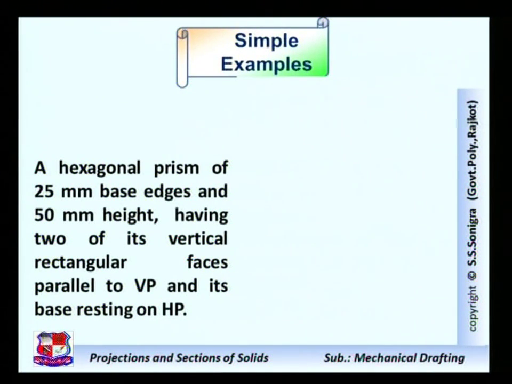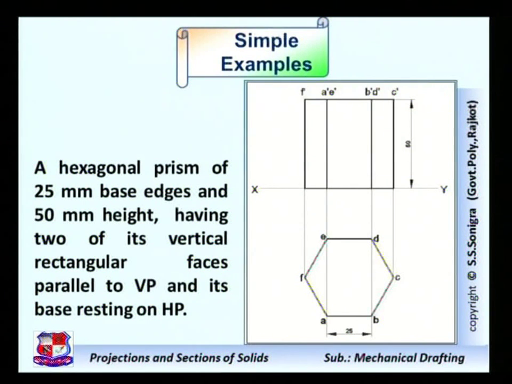So we have to draw its top view like this. 2 faces are parallel to vertical plane, means AB and ED both are parallel to XY line. So first we draw this hexagon below XY line in such a way that 2 sides are parallel to XY line, and this is the side length 25 mm given in this case.